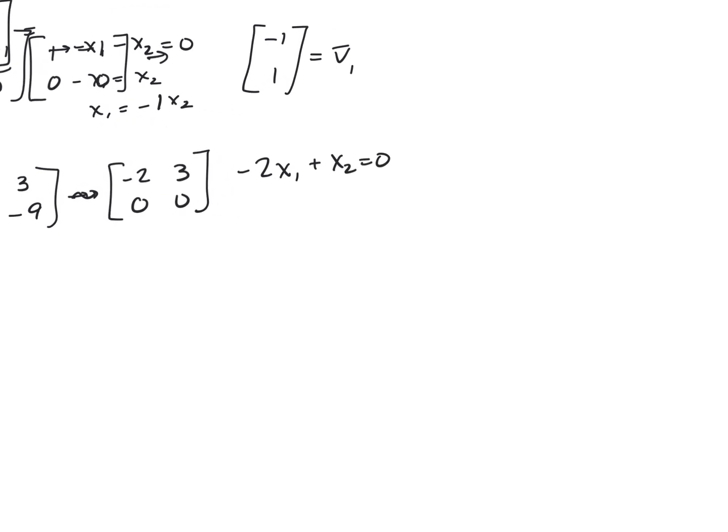So my relationship is this: x sub 1 is going to be 3/2 x sub 2, and so my vector, we'll call it v1, is going to be 3/2 and 1. Again, we're finding the null space.